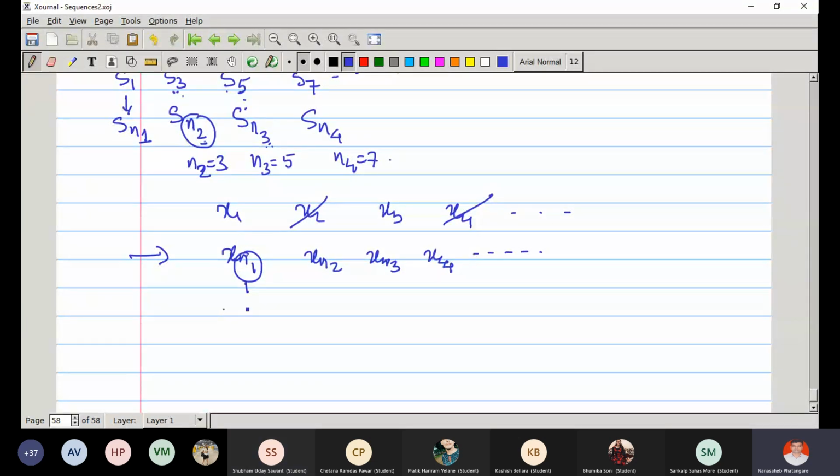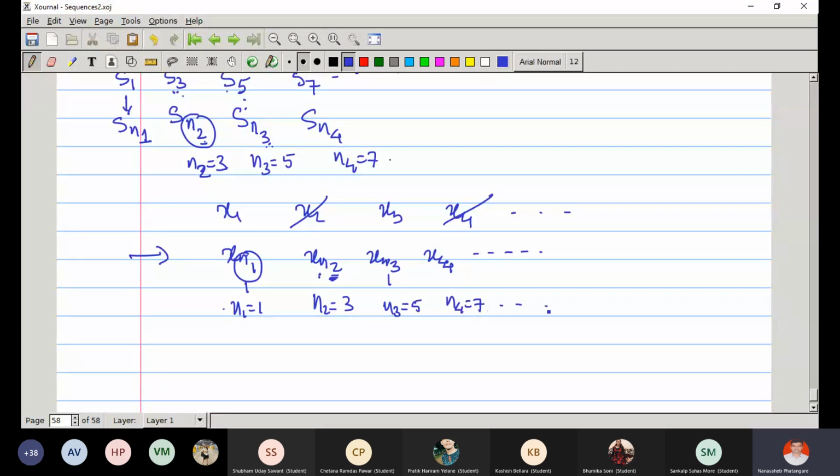But what is the second term? It is the term at the second position in the subsequence, but in the original, what is its position? What is n2? Third. 3. Right? What is n3? 5. Right? What is n4? 7, and so on.